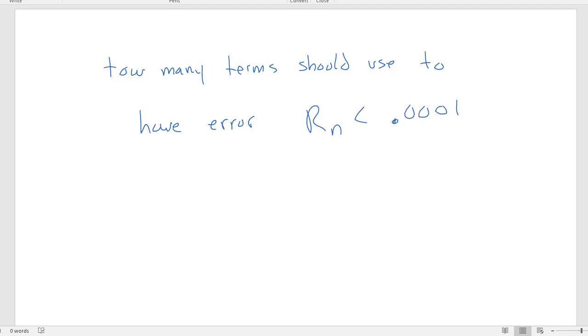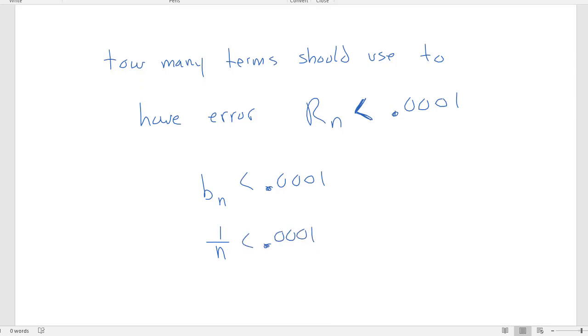Now, for the alternating series test only, I am looking for the first neglected term, the first unused term. So the way that I like to write this is I say, I'm finding the term that is smaller than 0.0001. In this case, the b sub n we have is 1 over n, and I want that to be less than 0.0001, and I'm just going to solve this inequality.